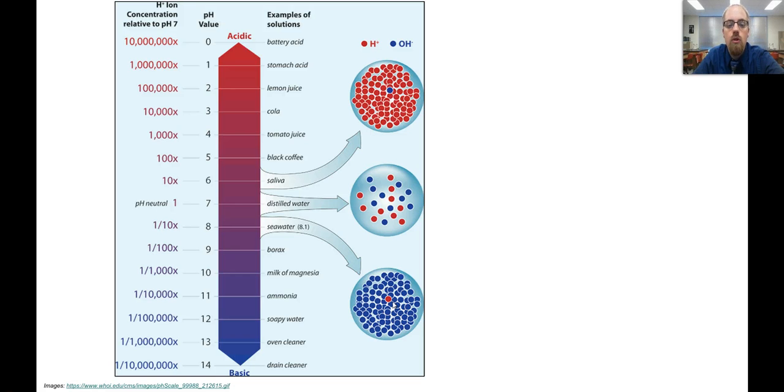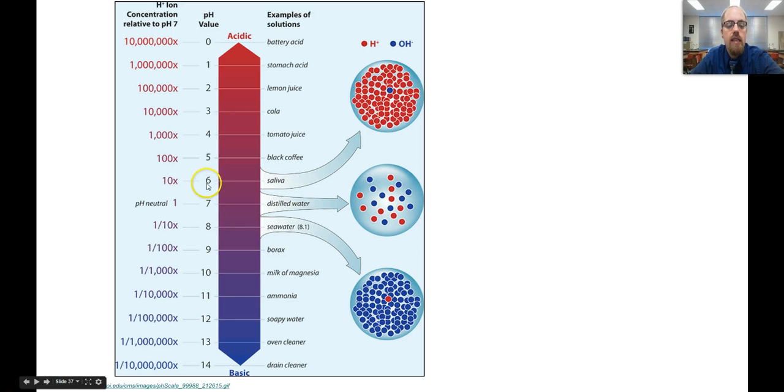Since those two compounds react with each other to form water, the more hydroxide you have, the less hydronium, or hydrogen ions, you're going to have. They're both expressed the same way. And the more hydrogen ions or hydronium you have, the less hydroxide you're going to have. At a neutral pH of 7, we have a balance between those two compounds. Neutral means that you have the same amount of hydronium as you do hydroxide.